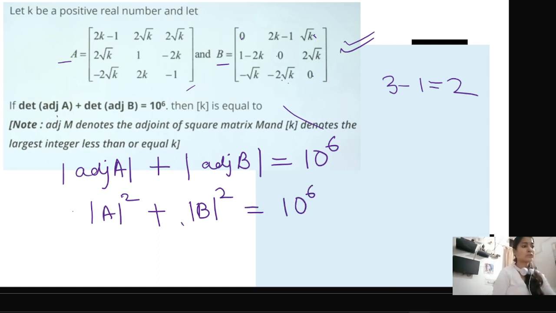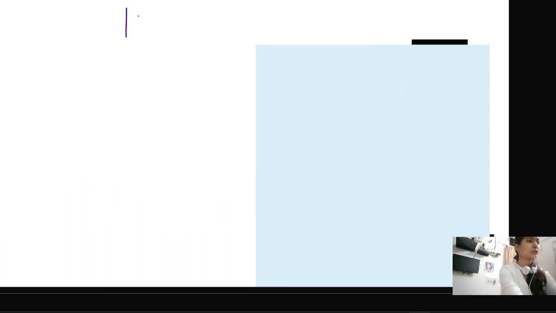So this is equal to 0 because the determinant of B is equal to 0, right? So from here we are getting this is equal to 0. So now we have to solve this part only. Determinant of A, squared, is equal to 10 raised to power 6.